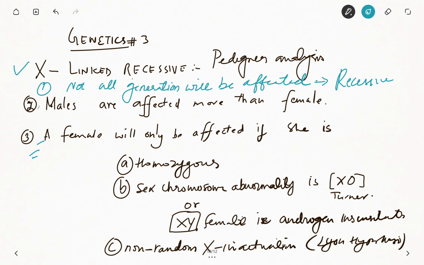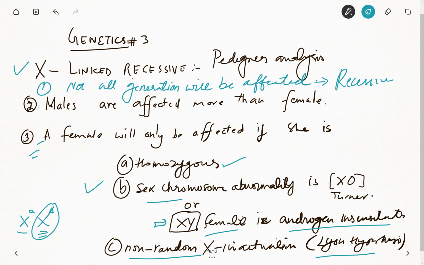And sometimes the Lyon hypothesis, like the non-random inactivation of X, for instance, if a female has an affected gene on one chromosome and the other copy on the other chromosome is absolutely normal, but somehow the normal one is inactivated, then the active chromosome is the one having the affected gene, and she will manifest the phenotype.